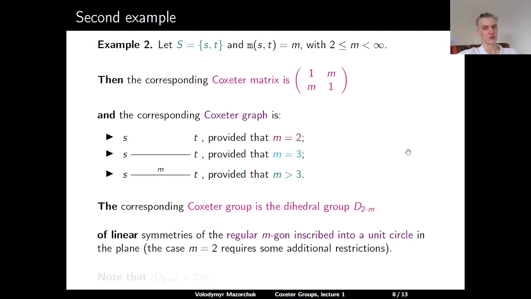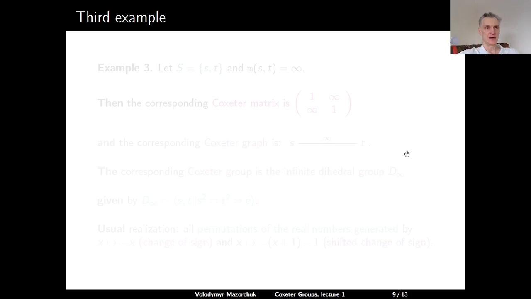So that needs to be defined separately, but that's an easy case to consider. Let's note that in this case, the cardinality of the Coxeter group, the dihedral group D2M, is 2M.